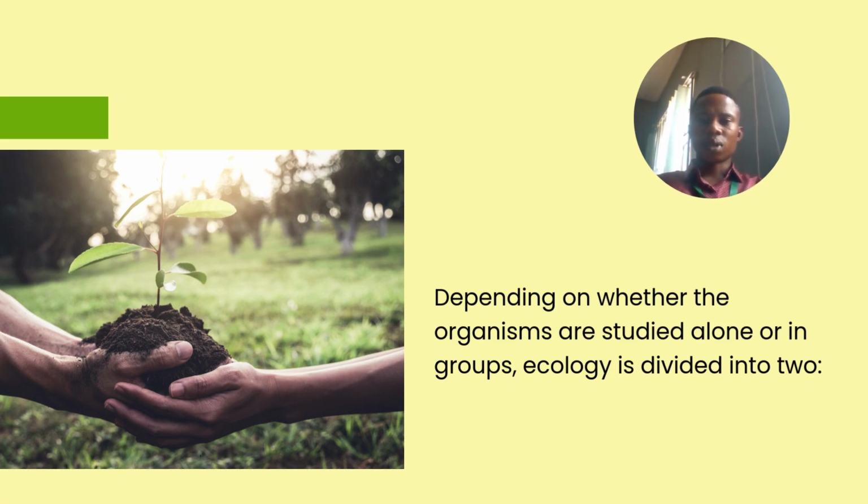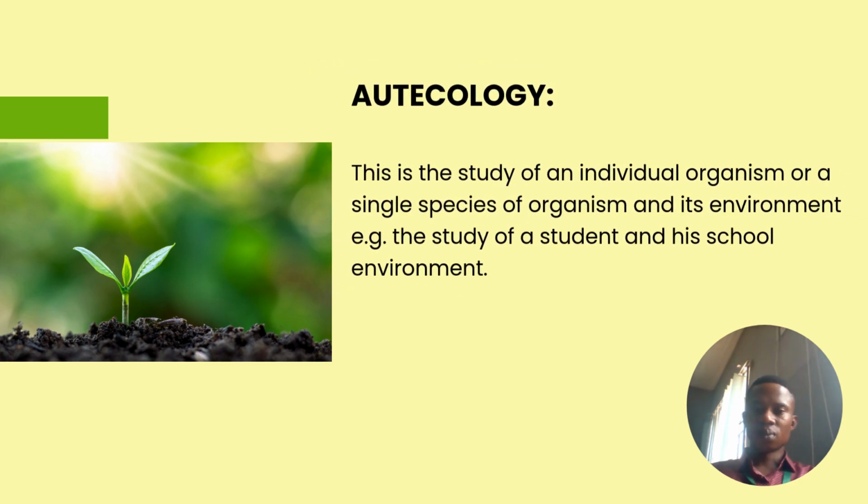Now let's look at the branches of ecology. Depending on whether the organisms are studied alone or in groups, ecology is divided into two. The first is autecology. Autecology is the study of an individual organism or a single species of organism and its environment, e.g., the study of a student and a school environment.